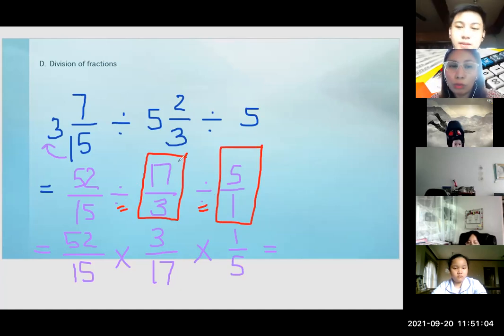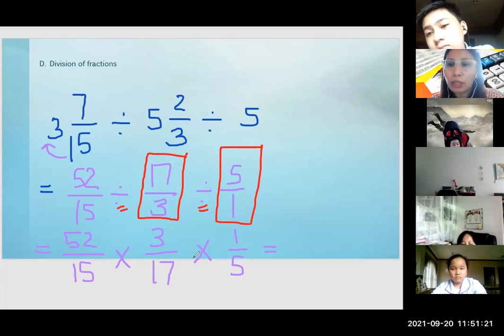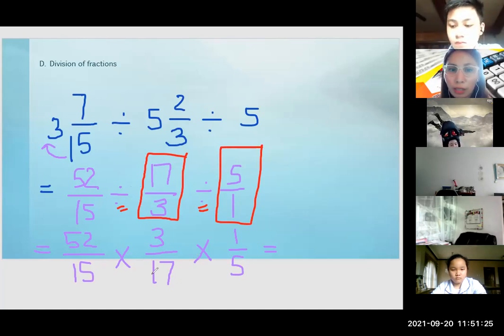So you have to invert the fraction on your right. Okay, the fraction on your right. Invert lang ng invert. Always invert. You cannot proceed to multiplication unless you invert the second given fraction first.